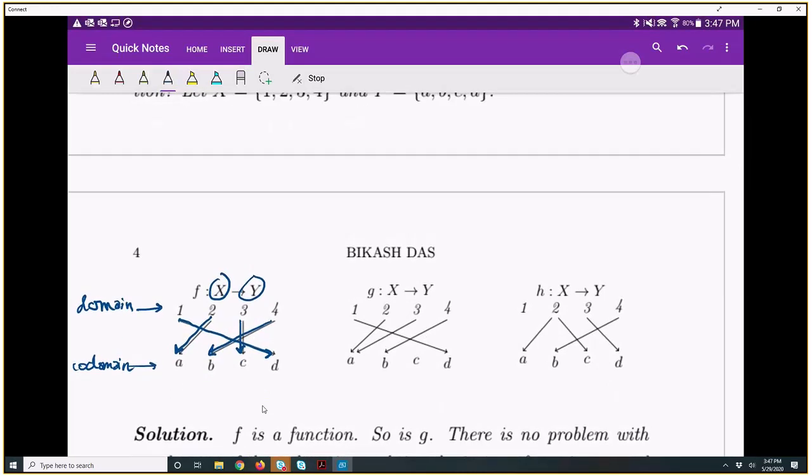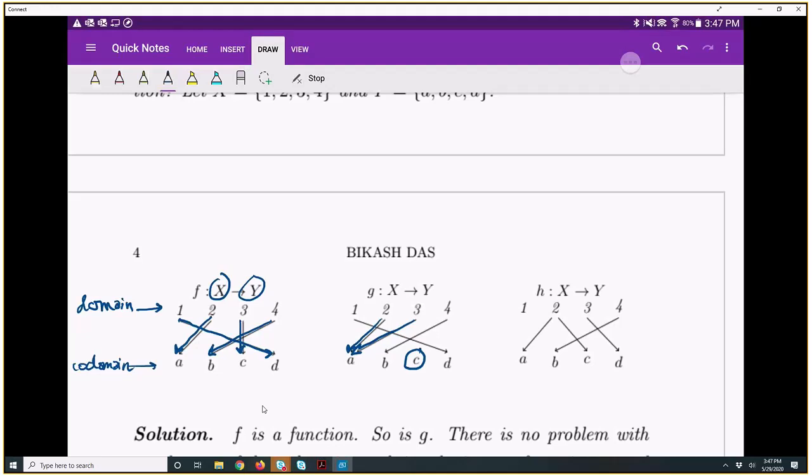G is also a perfectly valid function. In this case, I have 2 elements going to A, and I don't have anything going to C in the codomain, but that's fine. There's nothing that says that every element in the codomain has to get hit.